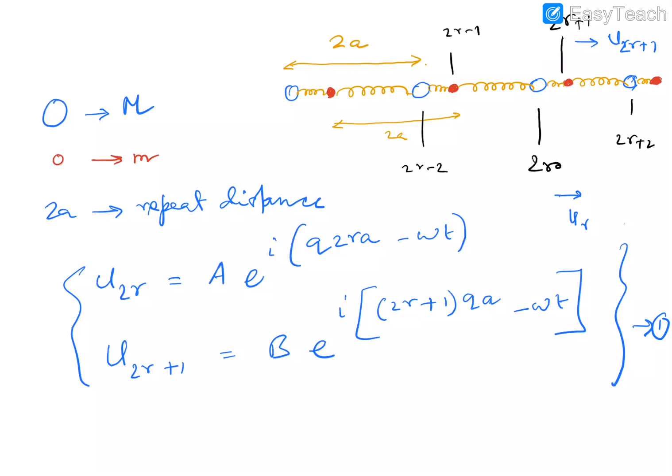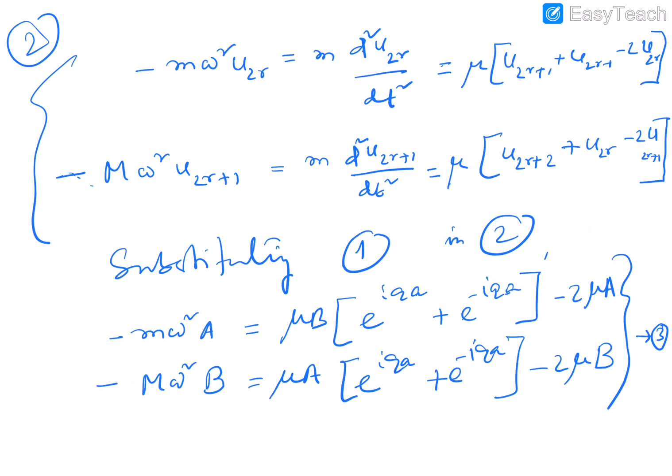So let's say the mass of the 2rth atom is capital M, and the mass of the 2r plus 1th atom is the small m. Because of this longitudinal oscillation, as we have discussed earlier, the two atoms are vibrating, so we are considering u2r plus 1, and then the fourth equation which we have written earlier.